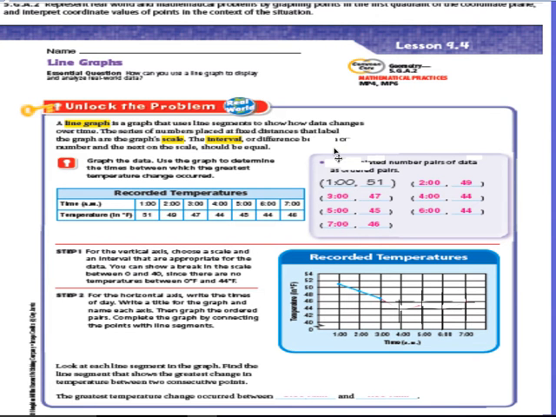Okay, step 1. For the vertical axis, choose a scale and an interval that are appropriate for the data. You can show a break in the scale between 0 and 40 since there are no temperatures between 0 and 44.